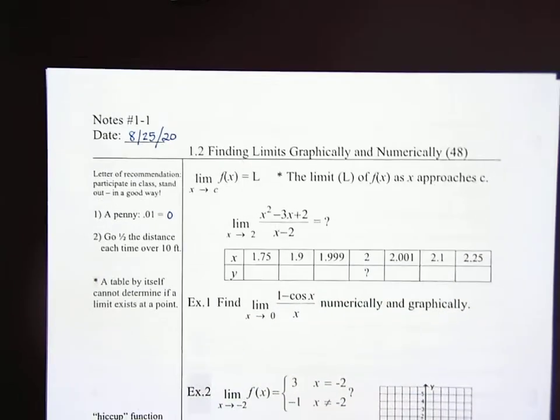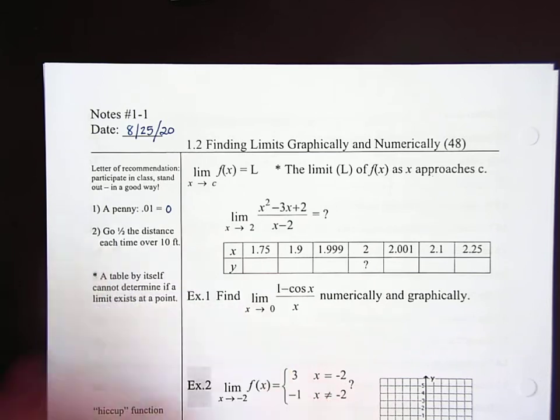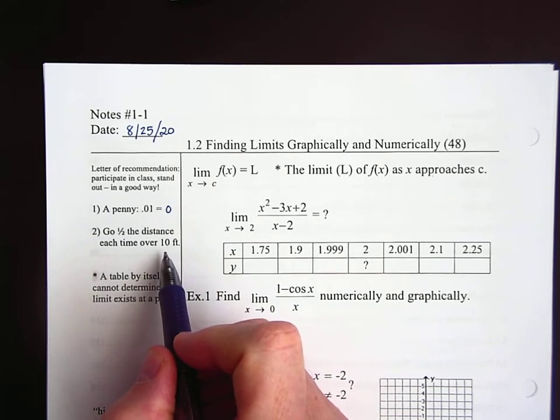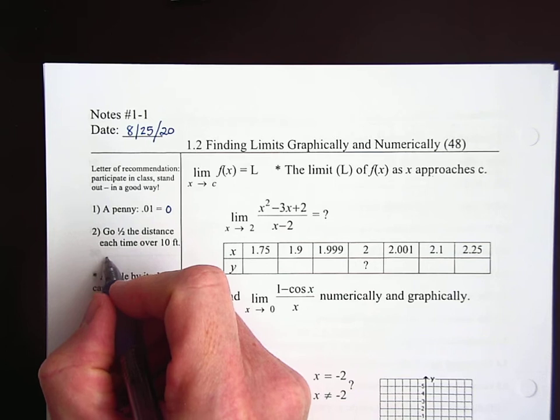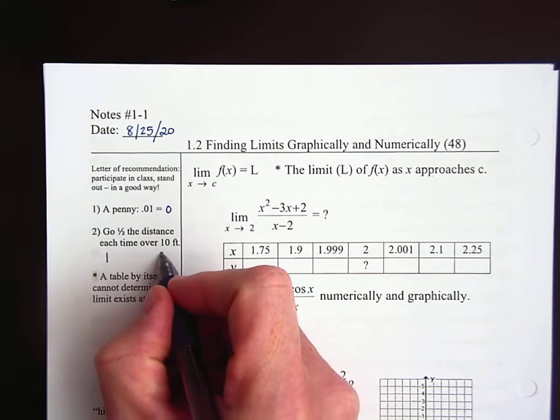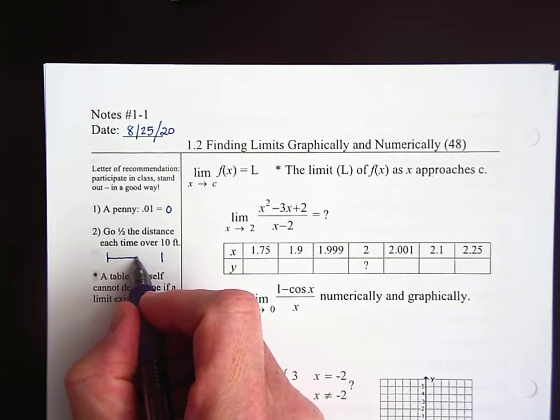The next idea is if I wanted to go half the distance every minute or something like that. Let's say I was going to go 10 feet. So if I went half the distance, and normally I would do this like walking over to the classroom door, but so I'm going from here to here. Let's say that's 10 feet, and every minute I go half the distance.